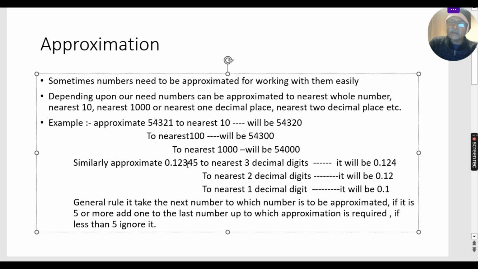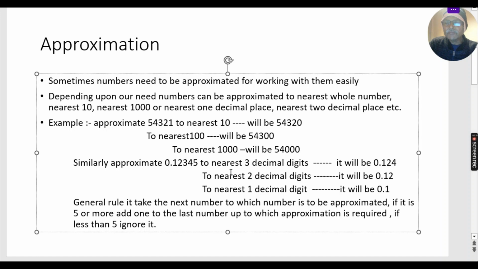Say I have to approximate it to the 3 decimal places. Then we will consider the next decimal place, that is 4. If it is less than 5, we will ignore it. We will not consider it. But if it is 5 or more, then we will add 1 to the last figure up to which we have to approximate.